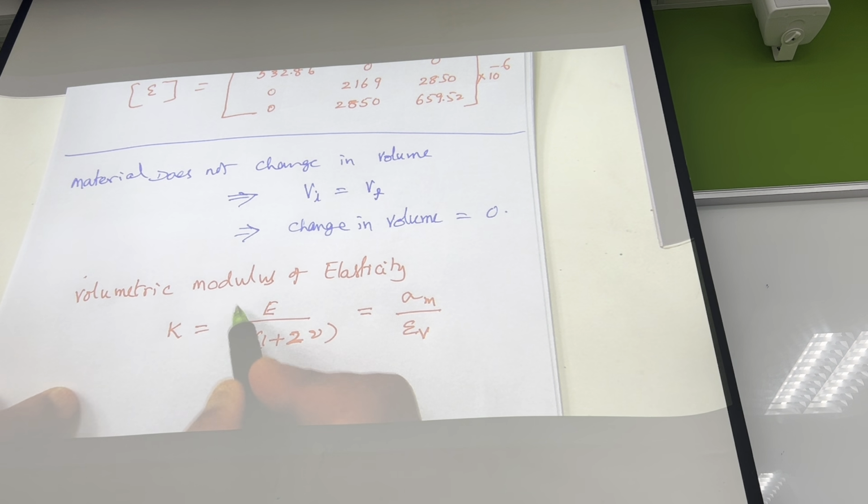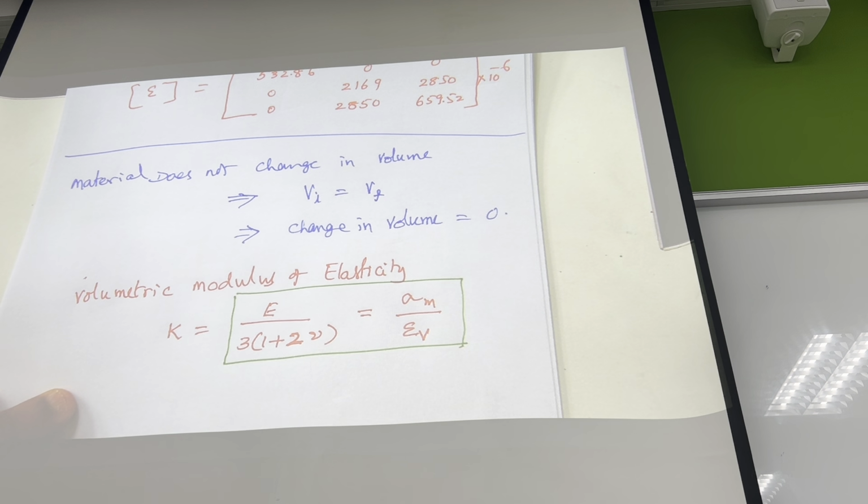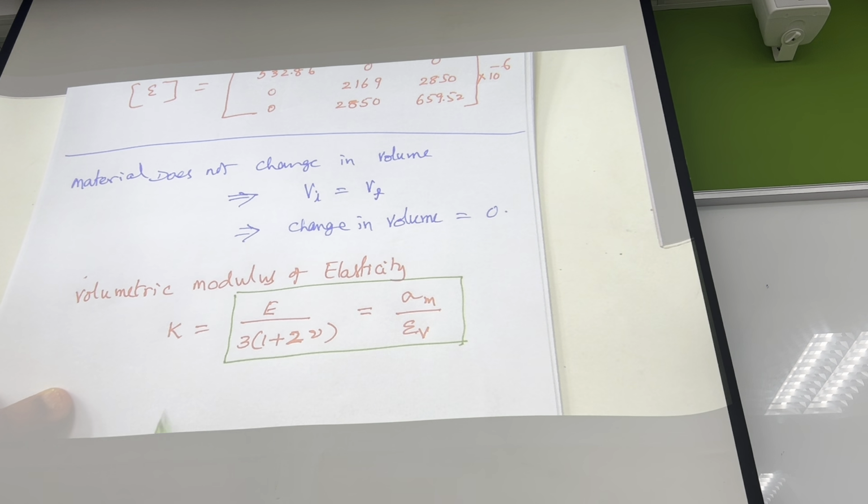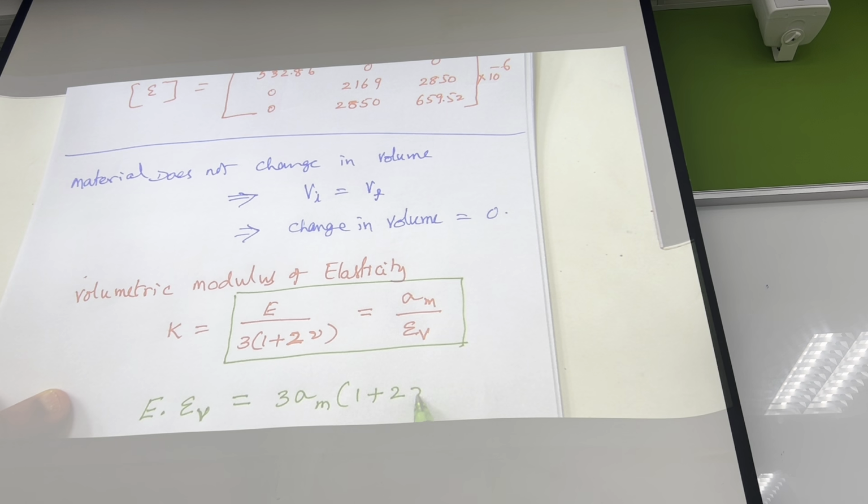Okay, so if we take this portion, we can write Young's modulus multiplied by volumetric strain equals 3 sigma m into 1 plus 2 mu.